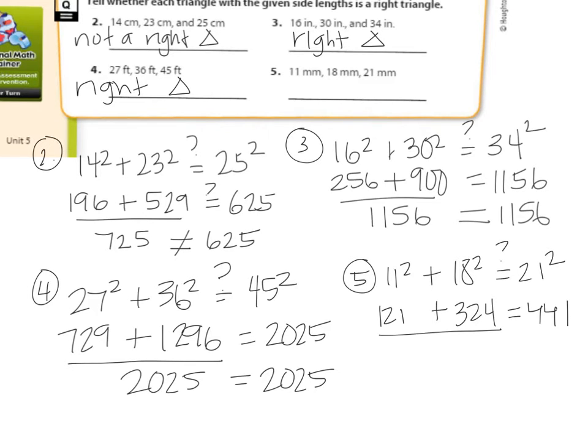So 324 plus 121 equals 445, which is not equal to 441. So this means that this is not a right triangle. Because they are not equal, it is not a right triangle. Since this is smaller, this would also be an acute angle, or acute triangle. So not a right triangle. Okay, so we're going to go ahead and see what they have for us next in our example 2.